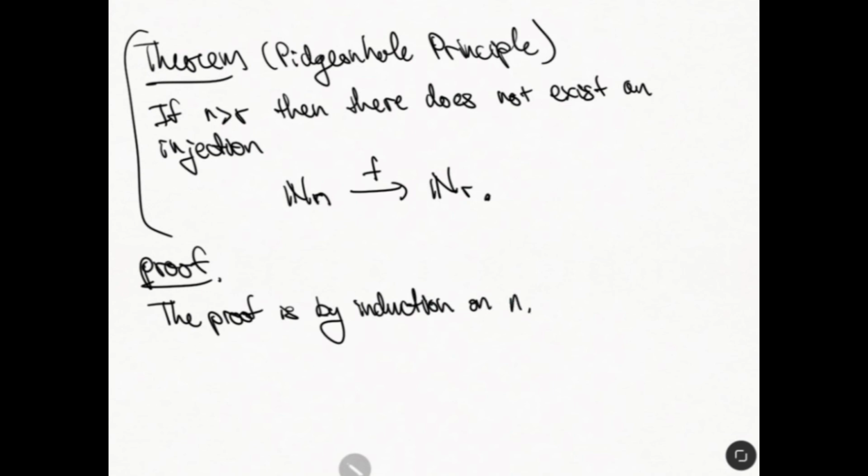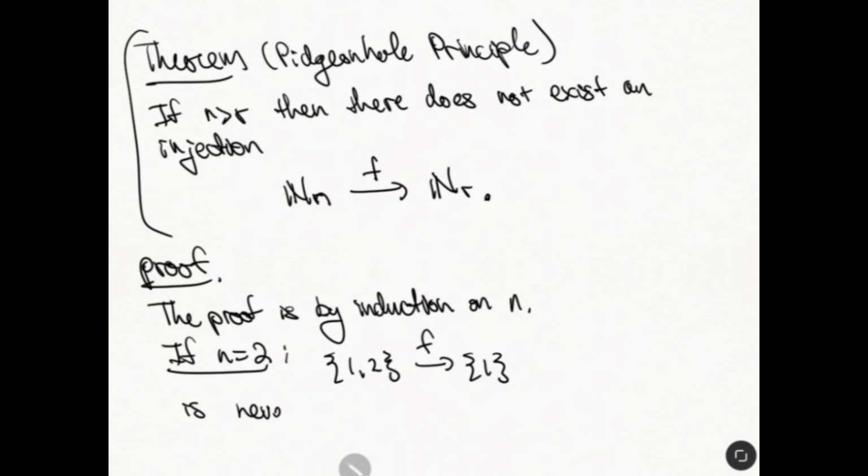Okay, so if n is equal to 2, then we're looking for maps from the set {1, 2} to the set {1}. Okay, and this is clearly never injective, because everything maps to 1. There's only one thing to map to.